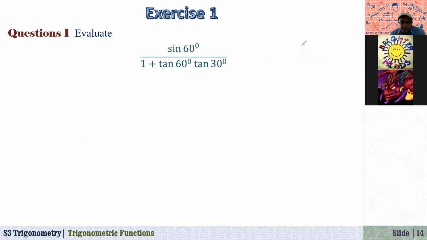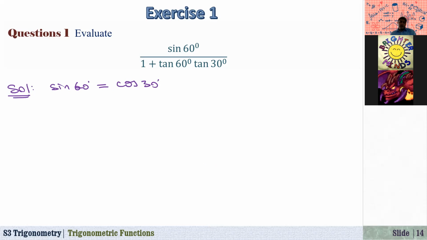Evaluate sine of 30 over 1 plus tangent of 60 times tangent of 30. Again, just remember that sine of 60 is equal to cosine of 30. We have already proved this. So I try to express everything in terms of one function.